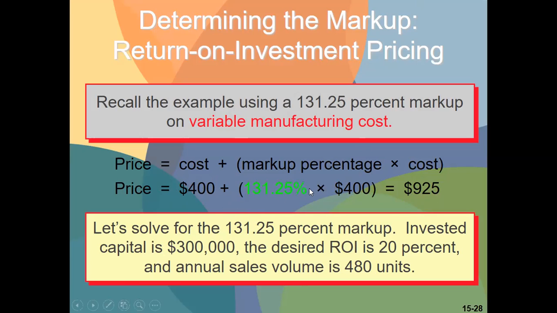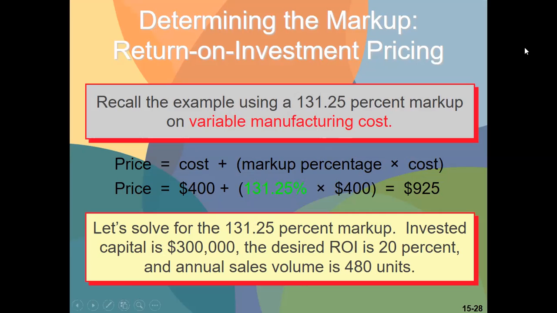Markup is the amount that is added on the cost to equate to the price. So 525 divided by 400 is 131.25%. You can notice here that because the basis, which is variable manufacturing cost, is lower, the markup percentage is, of course, higher than 100%.